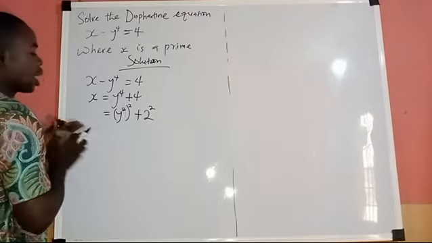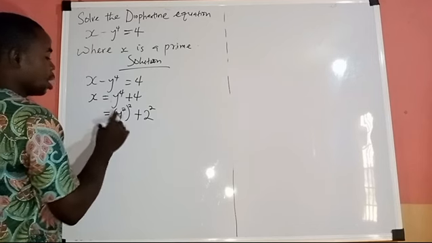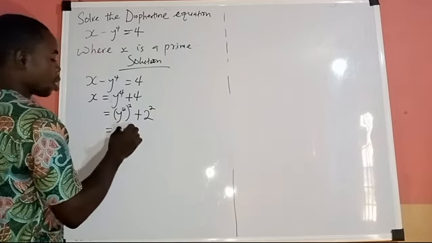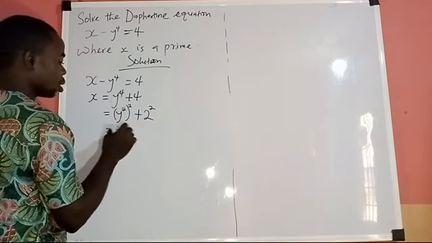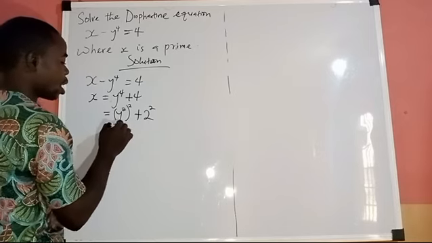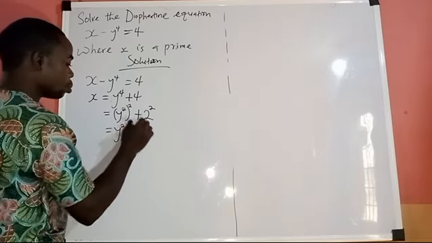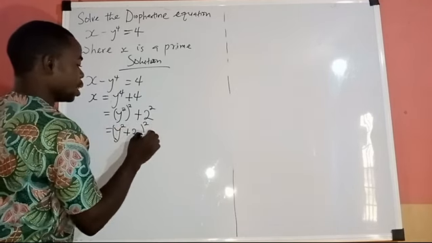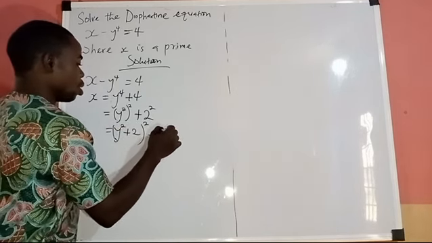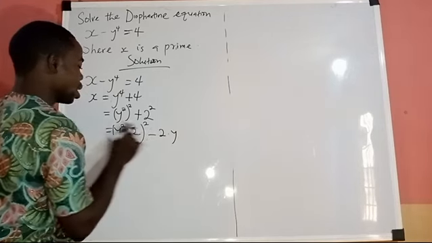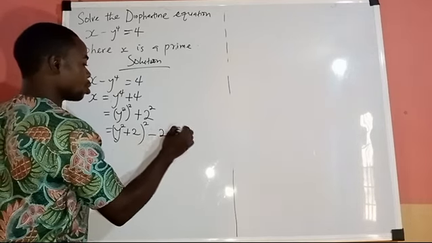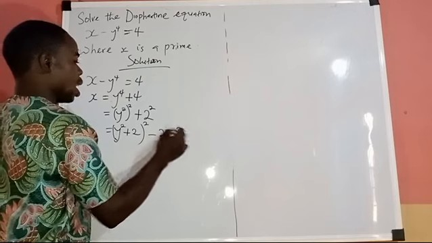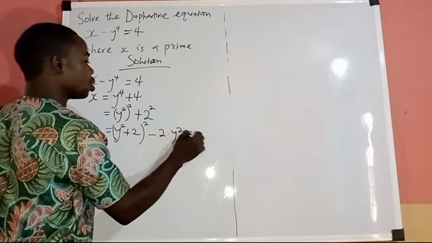I can rewrite this, this is our a, plus this is our b. So our a is y raised to power 2 plus 2, bracket raised to power 2, and then minus 2 into y, that is our a raised to power 2, and then times our 2.